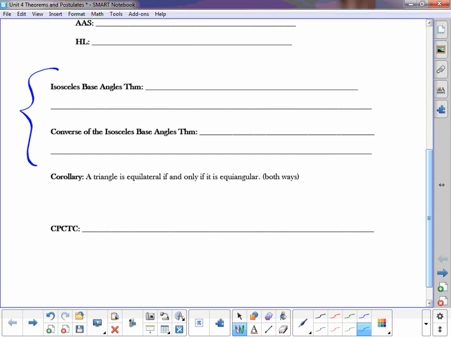Now we also drew on our papers, I think it was a couple classes ago, the pieces of an isosceles triangle. So real quick, let's draw another quick example of that. So I have an isosceles triangle. What do I call these guys, the ones that are congruent? Legs. Good.